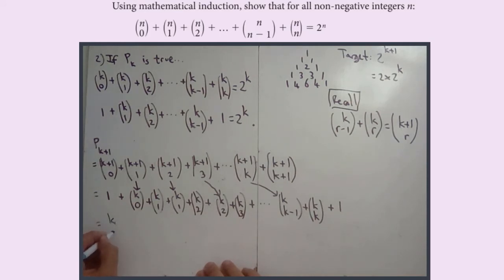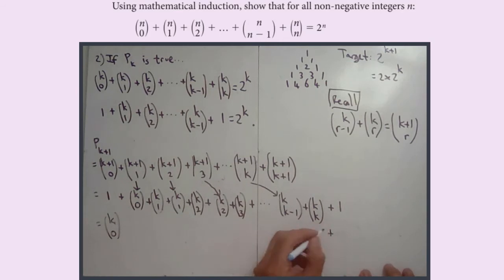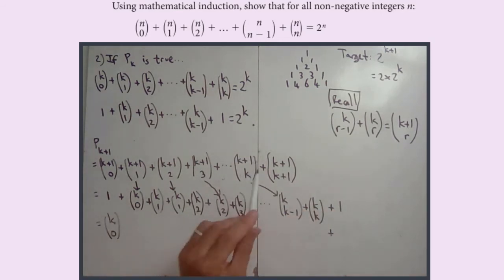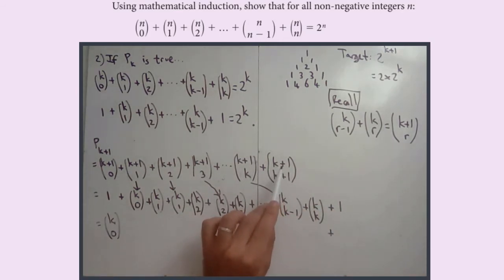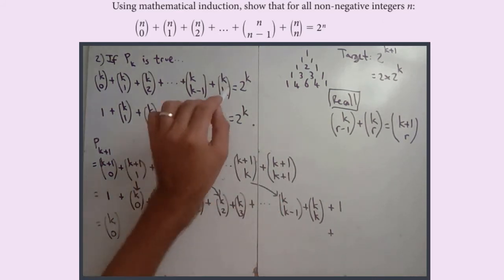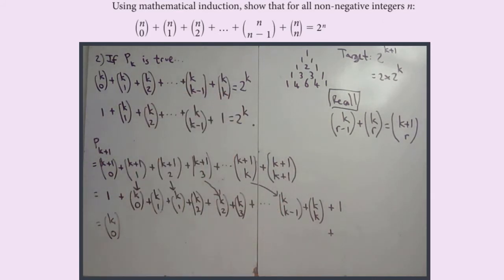And then I'm going to look at this one on this end. It's (k+1)C(k+1) here, but it's also kCk, so it doesn't matter. If I write it as kCk, I can see the benefits there.